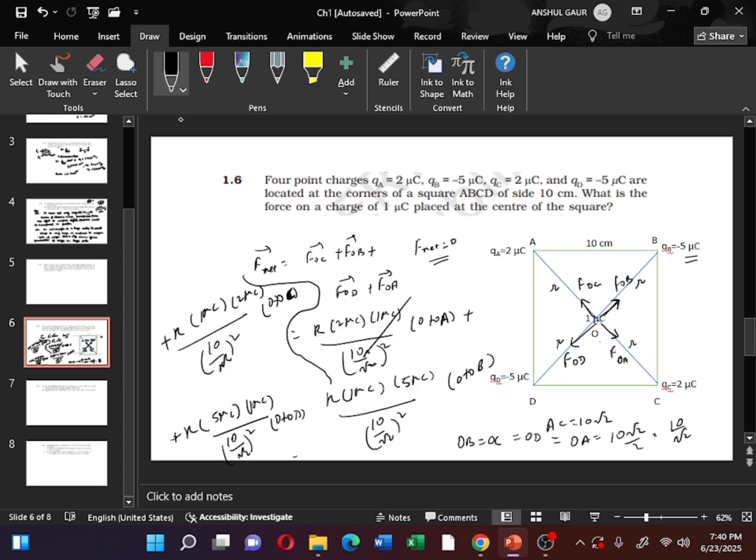So FOC is this term. These two terms cancel with each other because the directions are opposite. Similarly, this particular term, that is O to B direction, cancels with O to D direction force because the magnitudes are same and the direction is opposite. So in this way the net force is equal to 0. So by using the calculation also we can solve this particular problem.